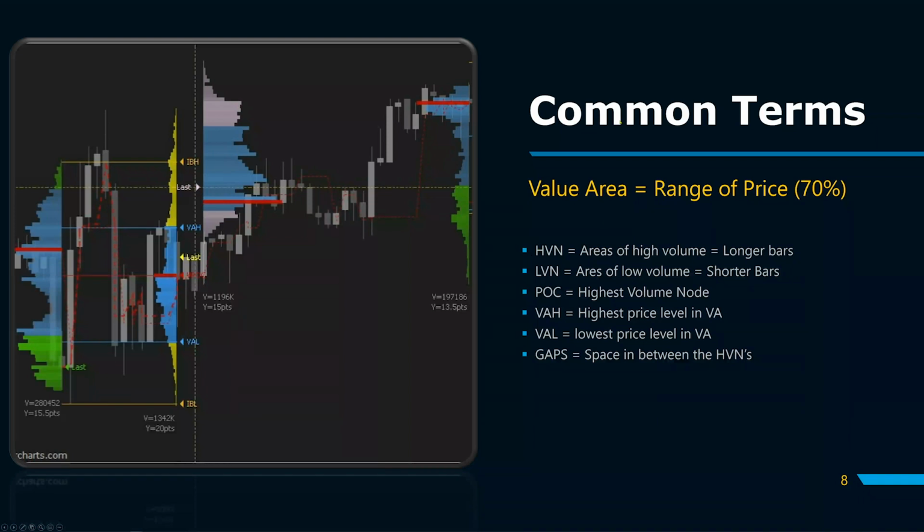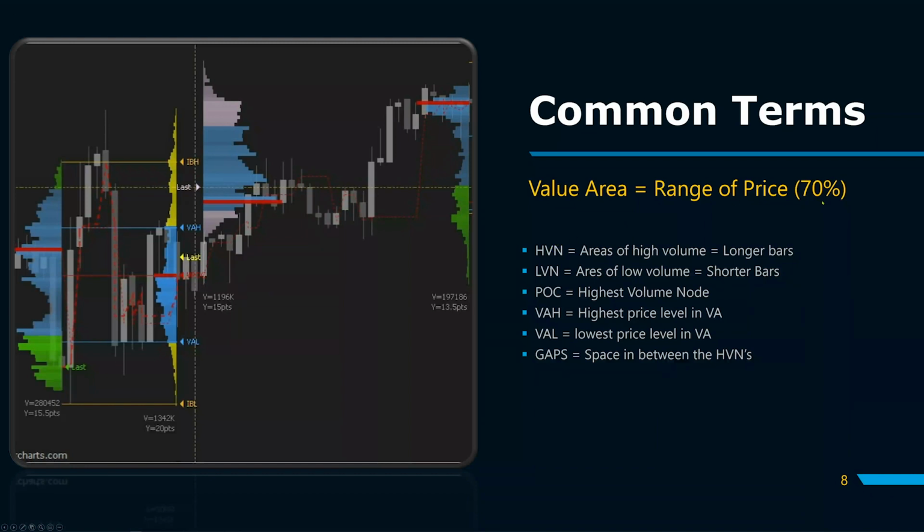HVN, these are common terms, right? So we've got a value area. In most platforms, you can set up a value area, and all it does is take in 70% of the range of the price. So it'll put on this VAH and this VAL, your value area high and value area low, right?